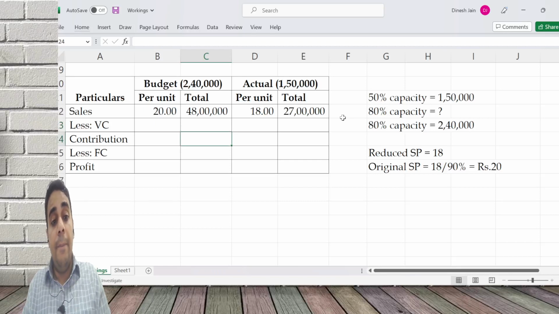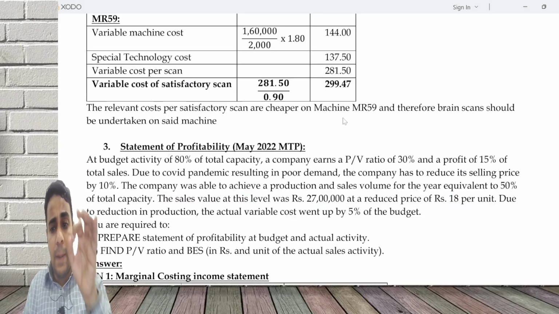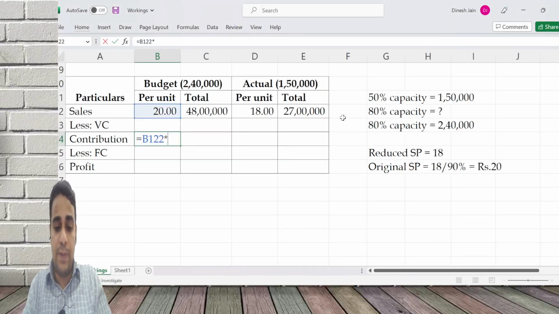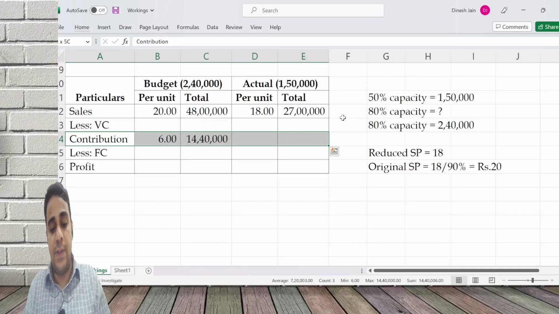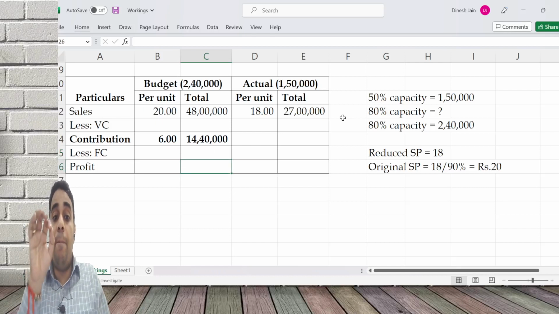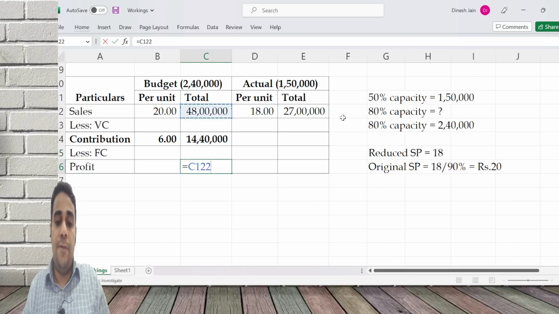The question said PV ratio for the budget is 30%, which means contribution is 30%. And profit is 15%.